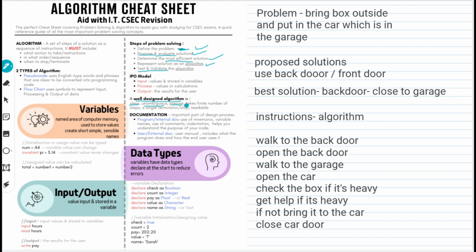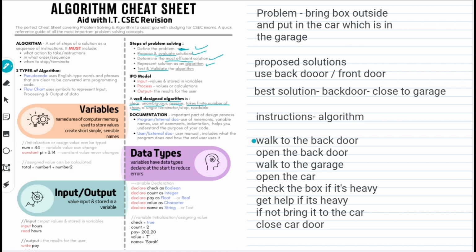The next thing is that it must take a finite number of steps, which means it's going to be a set number of steps. It's not going to be that, okay, if you're doing it, Kyle, you do it a different way, and when I'm doing it, I do it a different way. It has to be the same exact steps, and it must be a set number of steps.